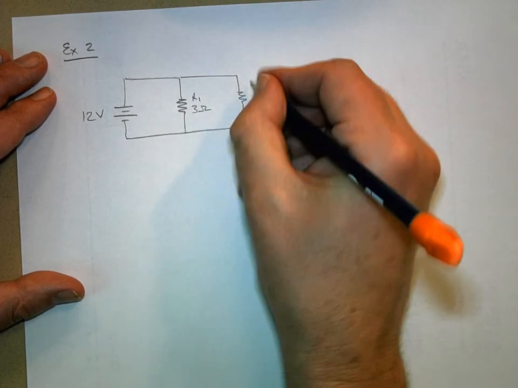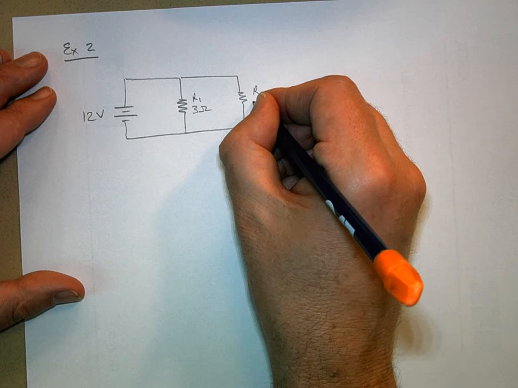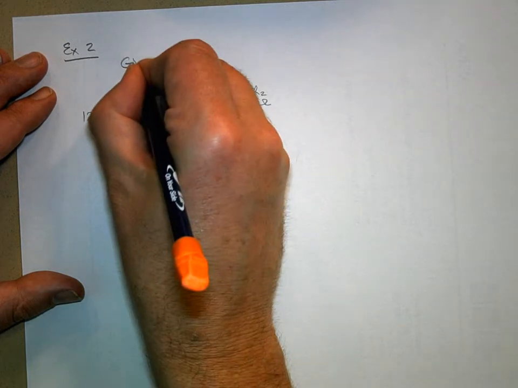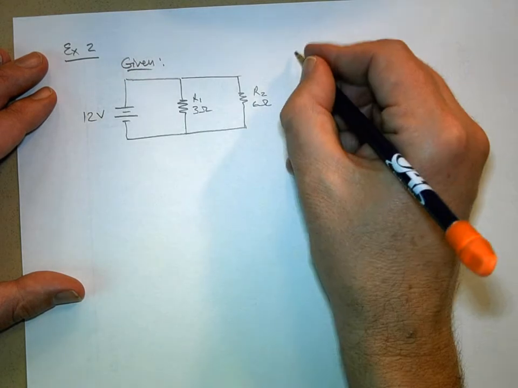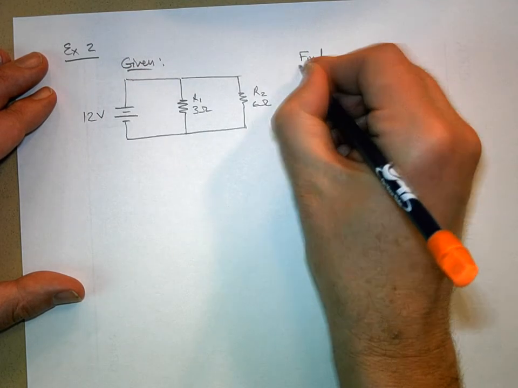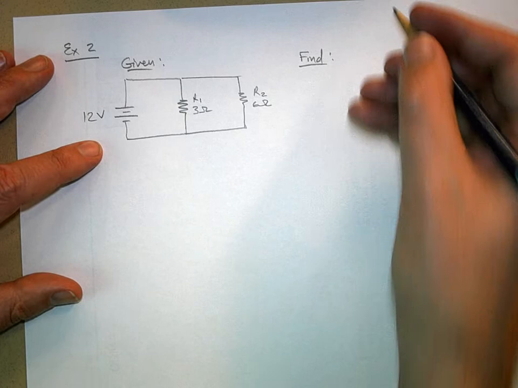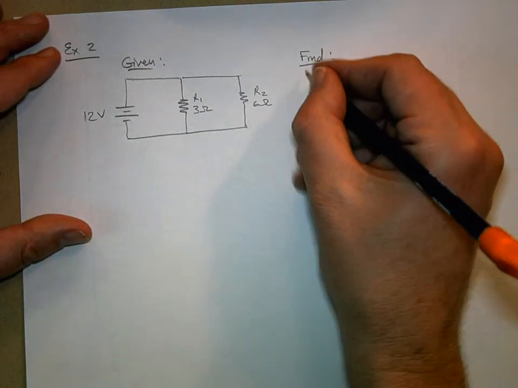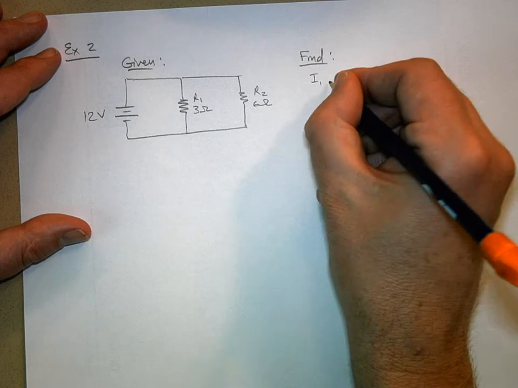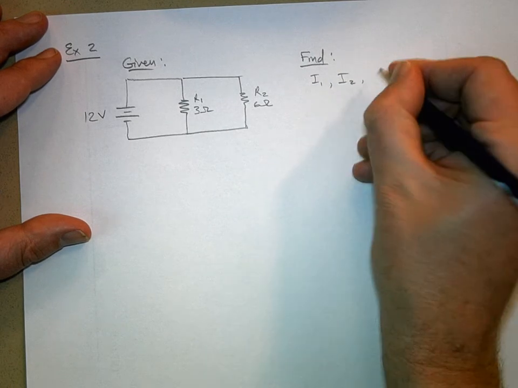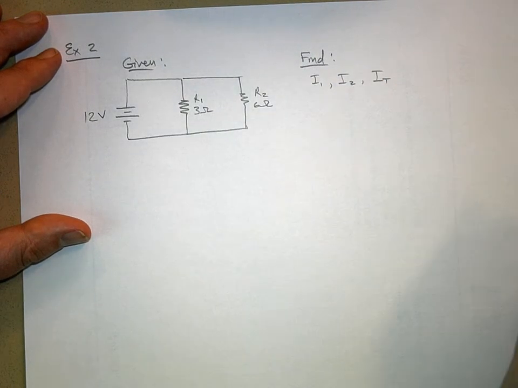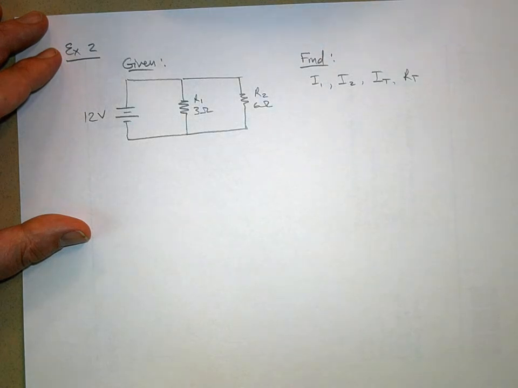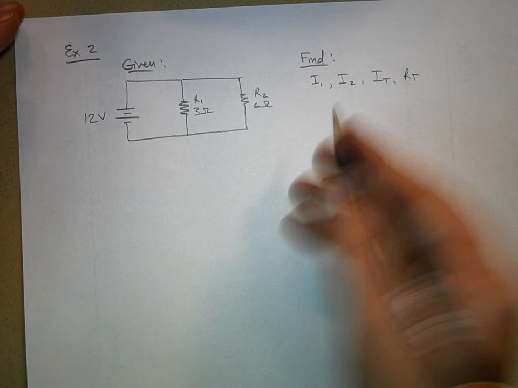So R2 is equal to 6 ohms. This is what's given. And what do I want to find? Well, in no particular order, I want to know what is I1, what is I2, what is the total current, what's the total resistance of the circuit. Yeah, that's good enough. We'll just do those things.